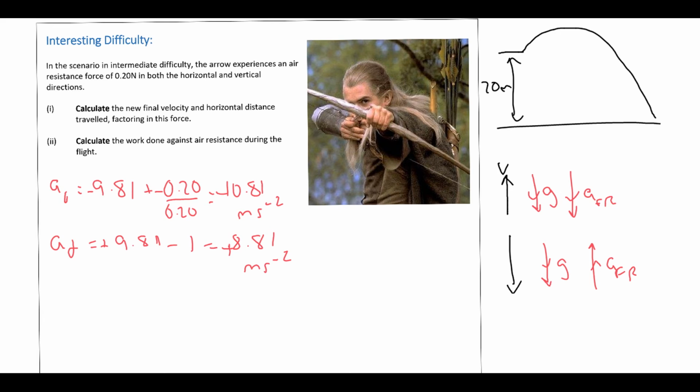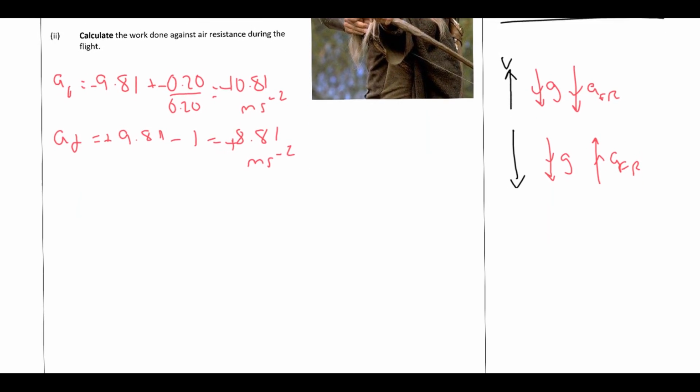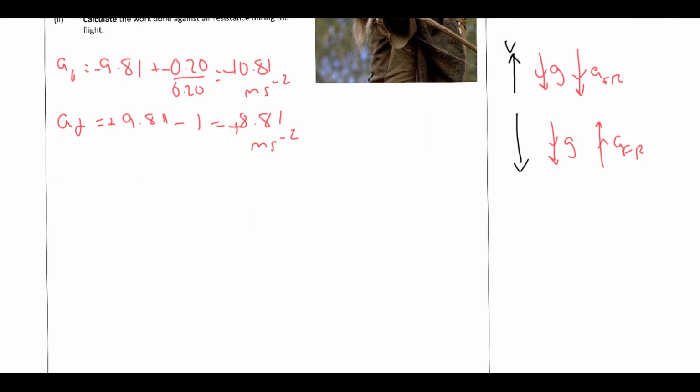Okay, so what we're going to need to do is work out the time taken to get up to the top and the time to hit the ground, and then we'll add those times together to give us the total time. The time upwards, we're going to get by doing v minus u over a.